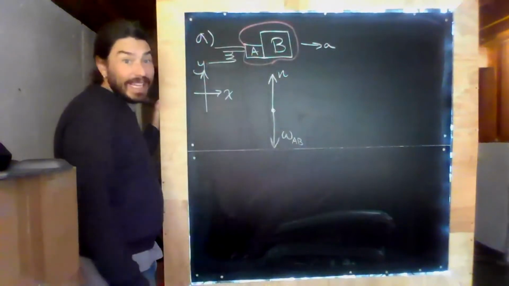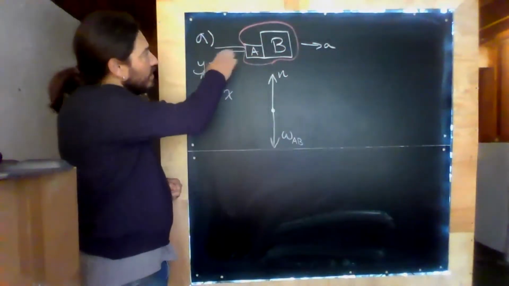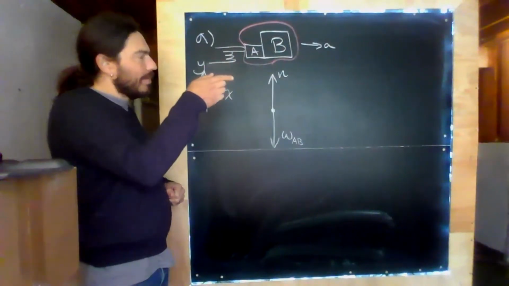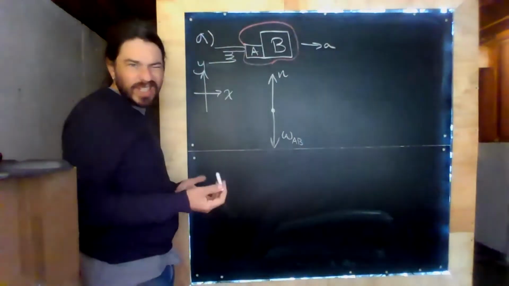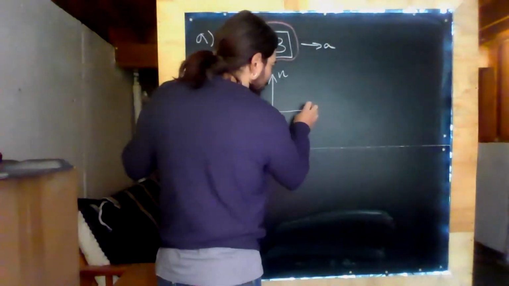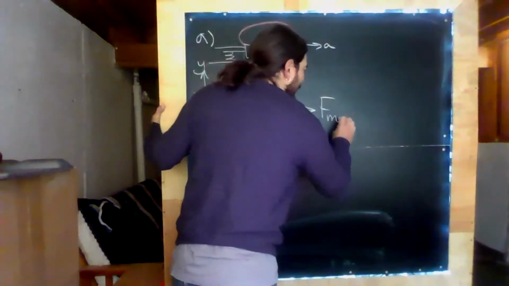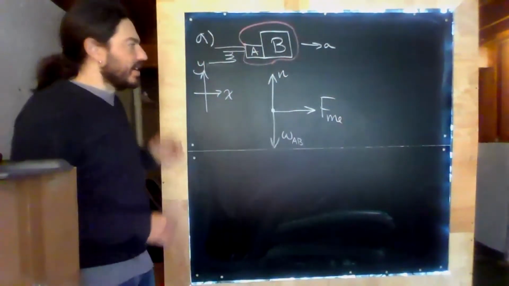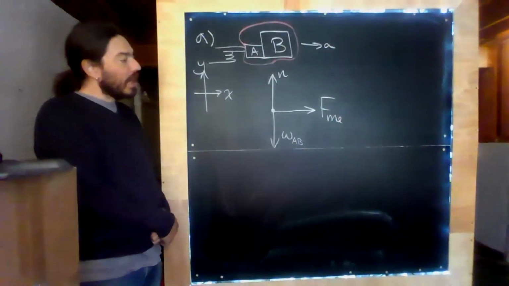That's the weight of A and B. Okay, so we've got the normal force and the weight, and then we also have this push, right? And so if I'm here and I am pushing like this, what should we call that? We could call it the push if we wanted. I don't know. If I'm doing the pushing, why don't we call that F me? That's hilarious. Okay, so there's my lovely free body diagram.